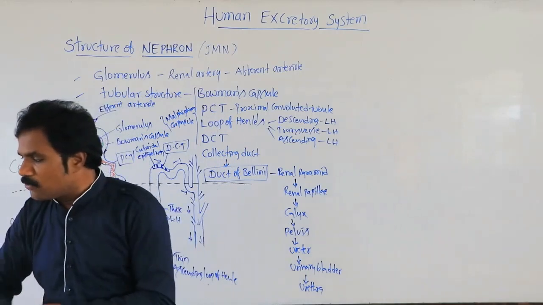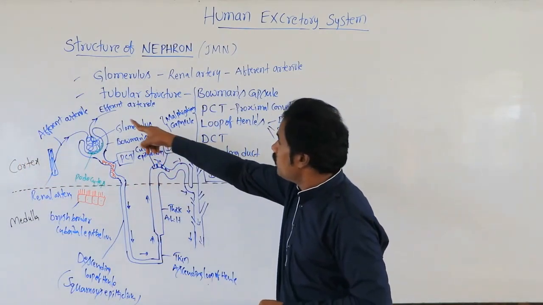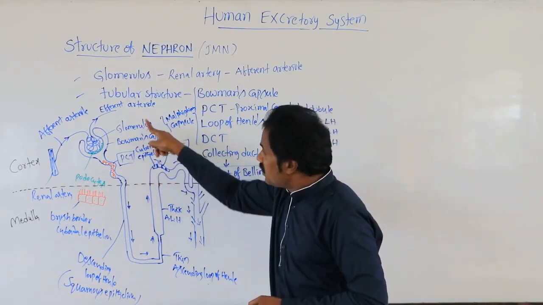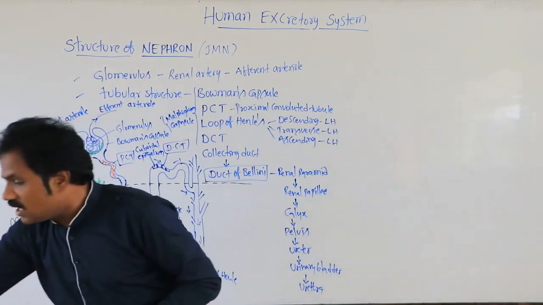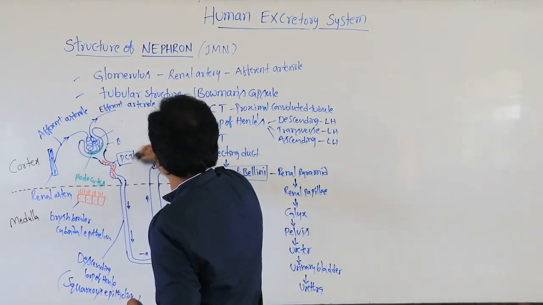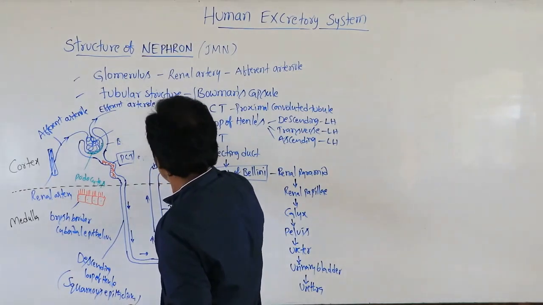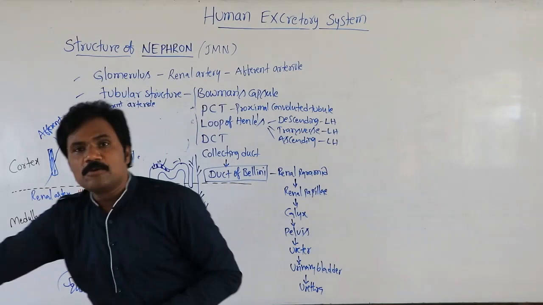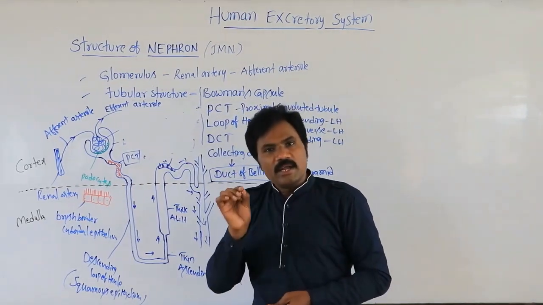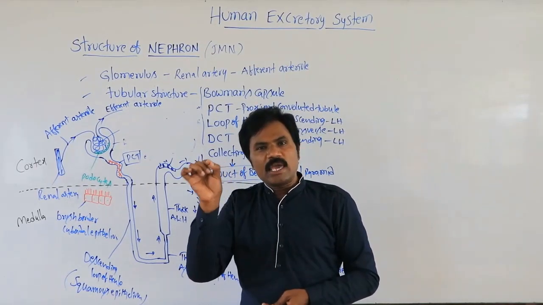Then another very important one here: what does the efferent arteriole form? Have you understood this one? This efferent arteriole forms the peritubular capillary network.